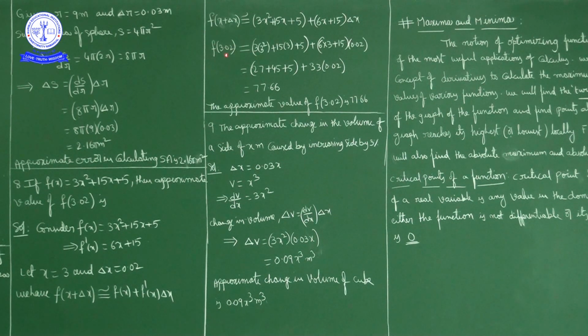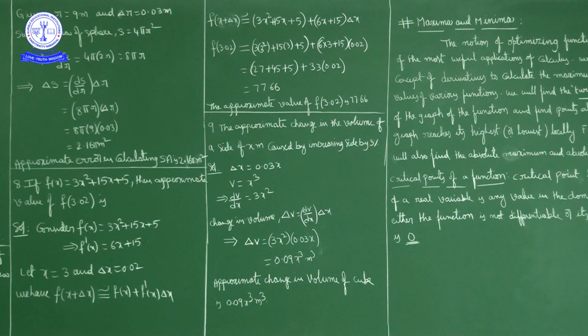So f of 3.02 is equal to 3 into 3 square plus 15 into 3 plus 5 plus 6 into 3 plus 15 into 0.02. 3 square is 9, 3 nines 27, plus 45 plus 5, that is 50, 50 plus 27 is 77. Then 77 plus 18 plus 15 is 33, 33 into 0.02 is 0.66.